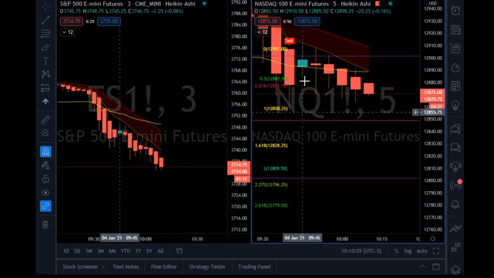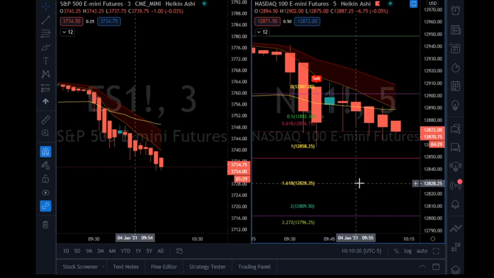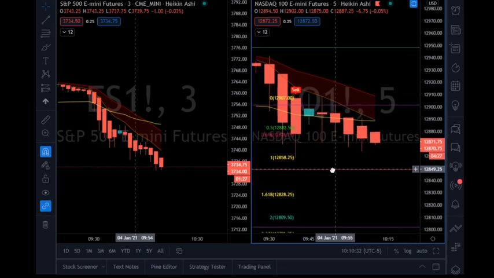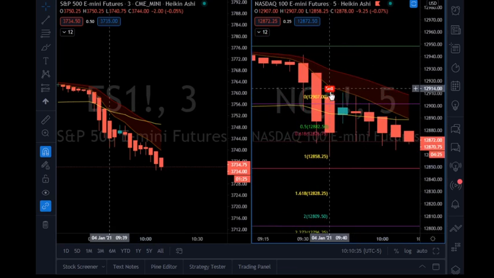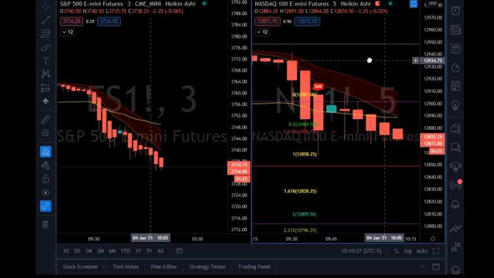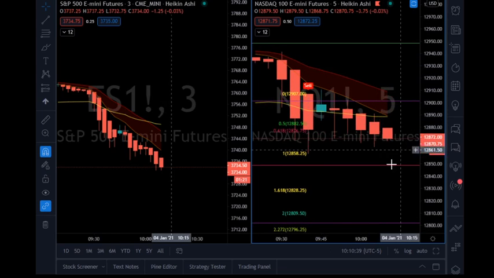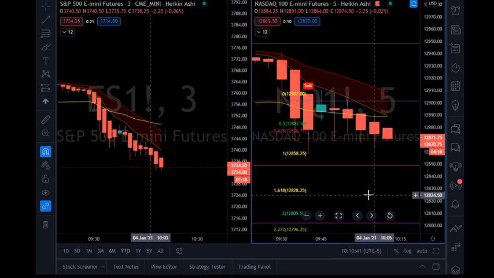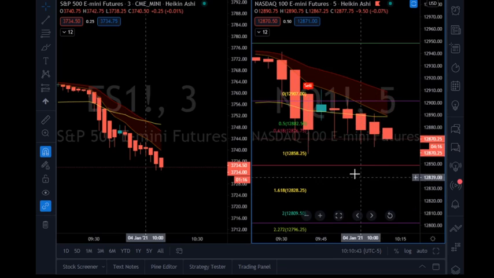So based on the signal, we are expecting the market to go bearish. This is a Nasdaq 5 minutes chart, and this is the indicator from my indicator. So let's see how far this trade can go. Hopefully it will be a good one.